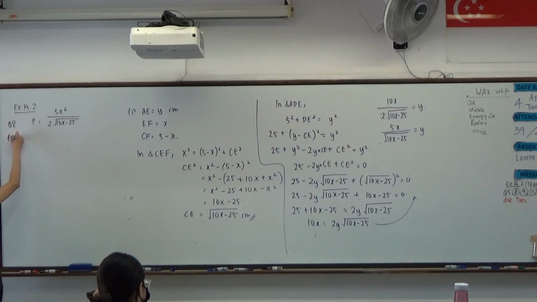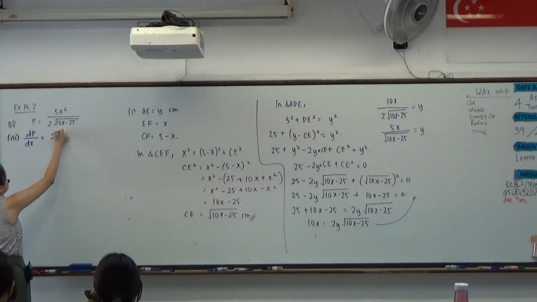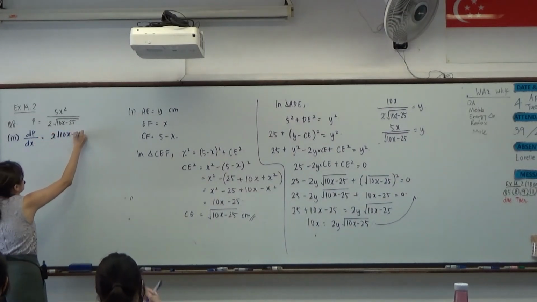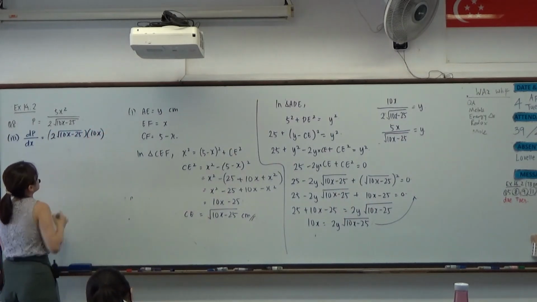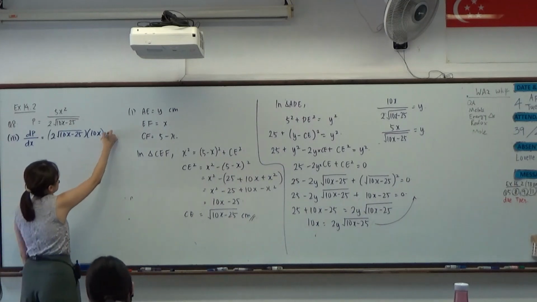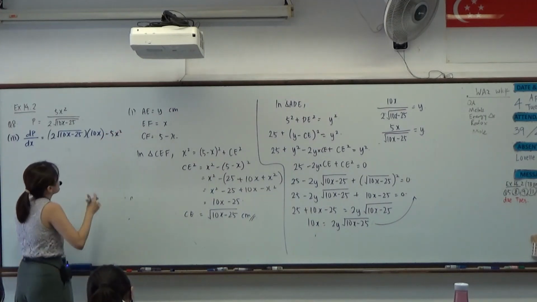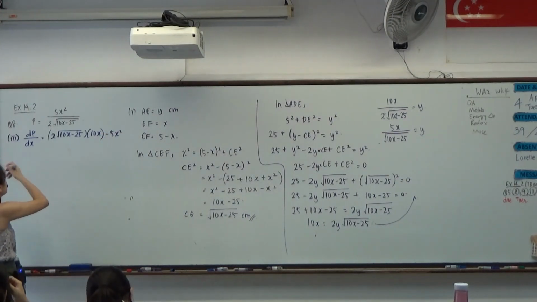So part 3, we got to find dp over dx, so apply our quotient rule. So keep the bottom, differentiate the top, minus away, keeping the top, differentiating the bottom itself.